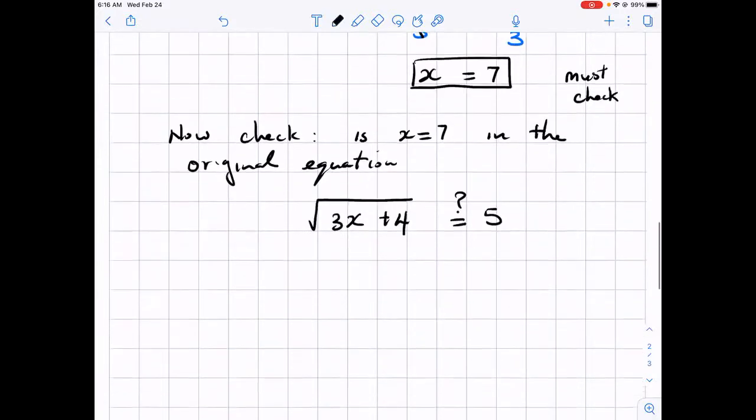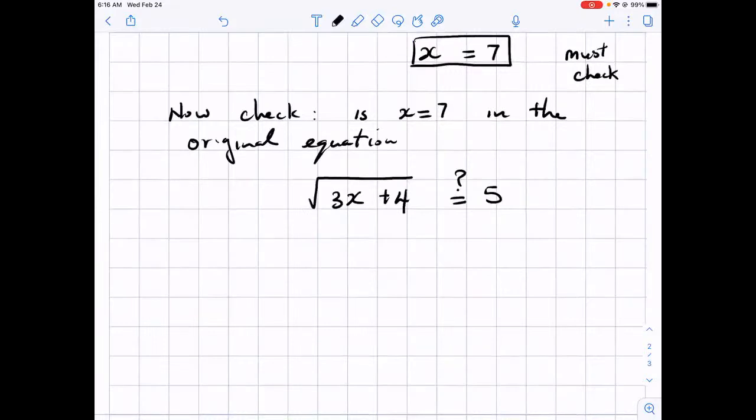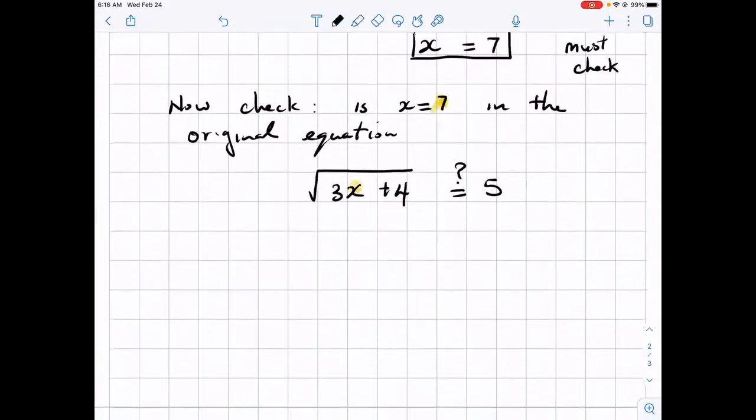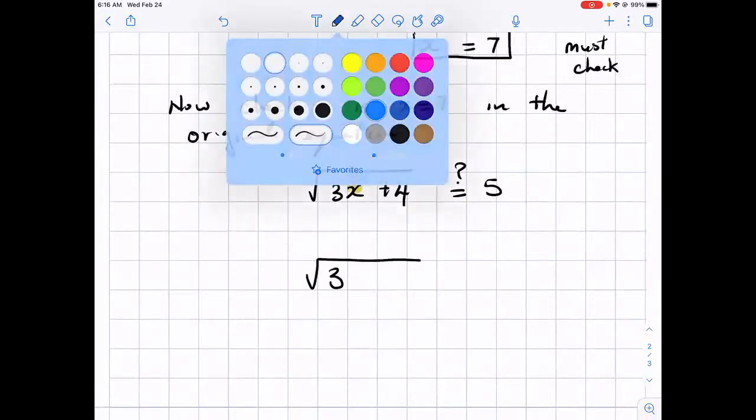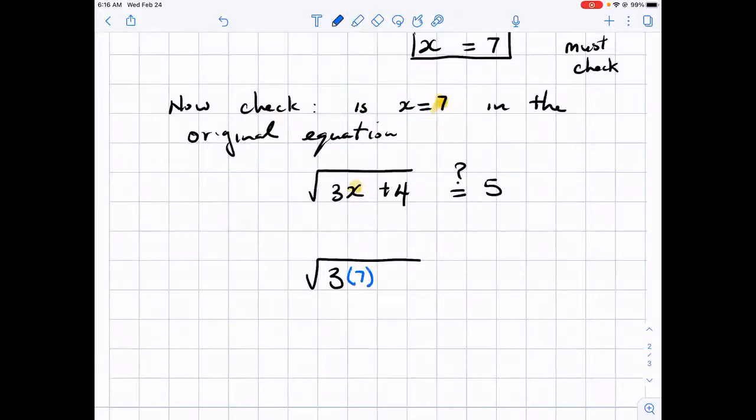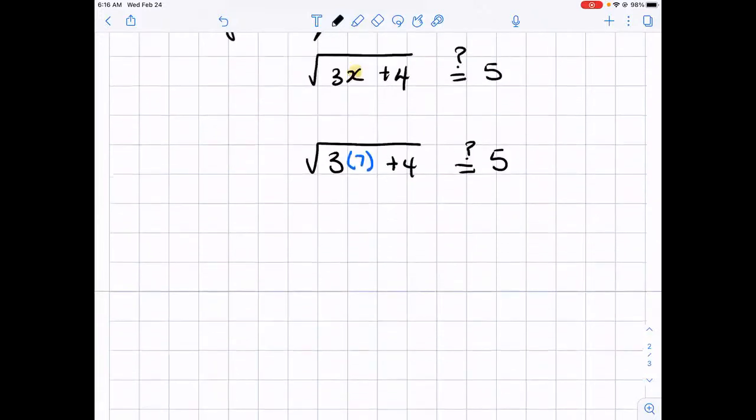So let's replace x with 7. We have the square root of 3 times 7 plus 4, and we want to know, is this true? When we simplify the left side, do we get 5?